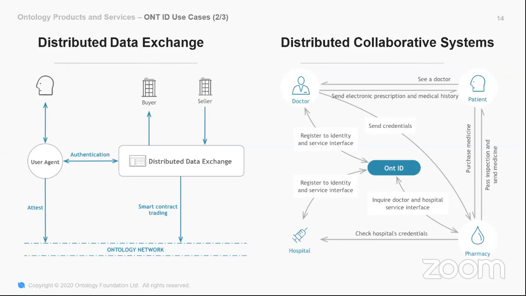Another example would be a collaborative system. So this isn't so much a marketplace, but rather this is taking the identity and putting it all together in the example of the medical field. So in the medical field, right, you have a lot of different components. You have doctors, you have hospitals, you have patients, you have pharmacies. So using Ont ID, you could have this system where a patient sees a doctor and the doctor issues out a prescription to the patient.